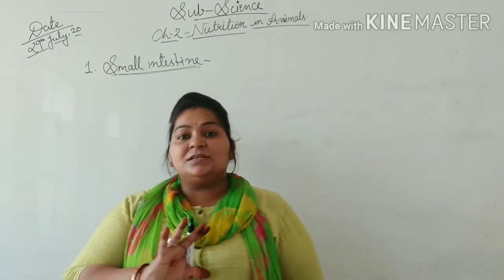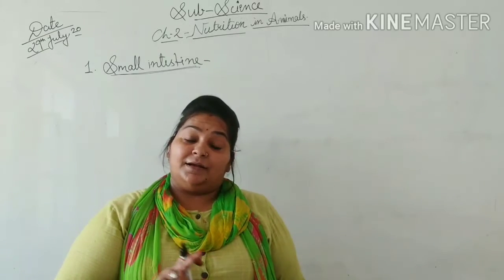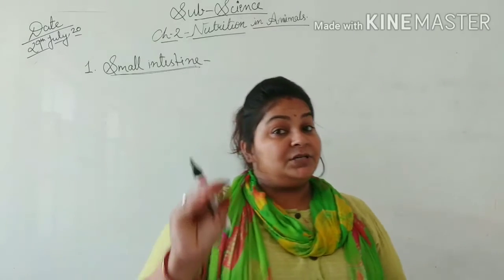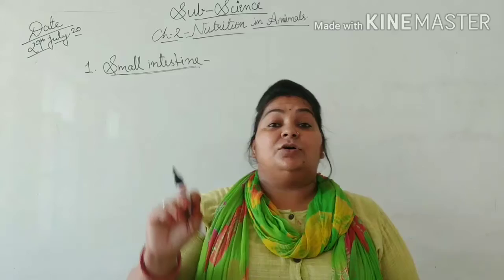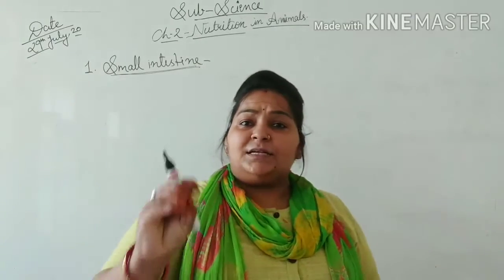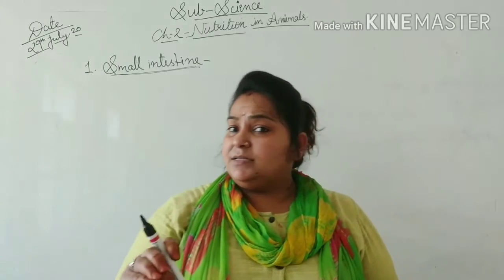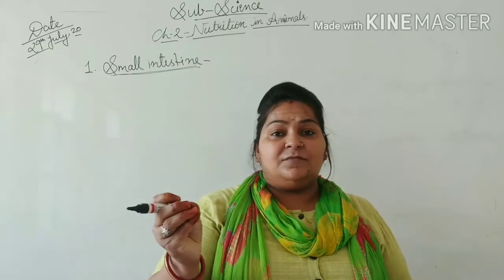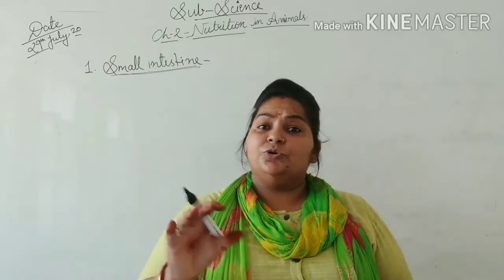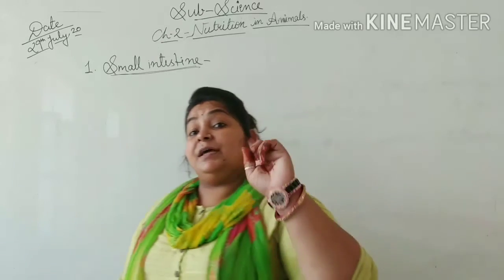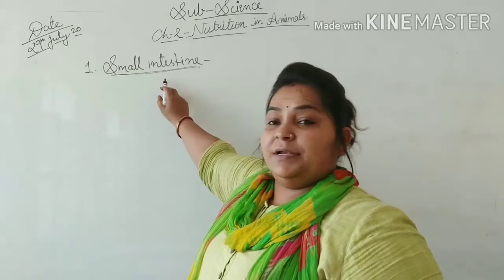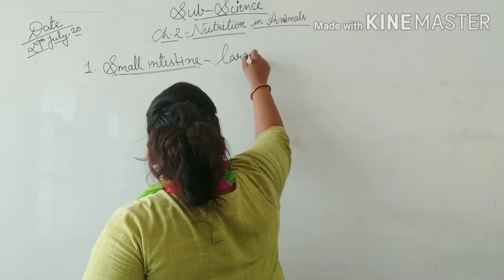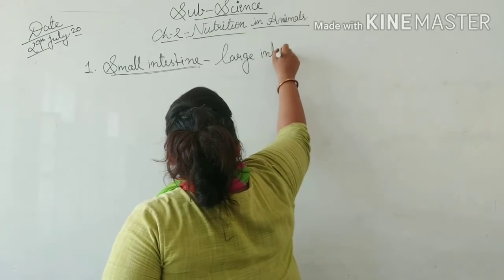The undigested waste is transferred to the large intestine, and there salts and some water are absorbed from that undigested food. So instead of small intestine, it happens in the large intestine. So the answer will be large intestine.